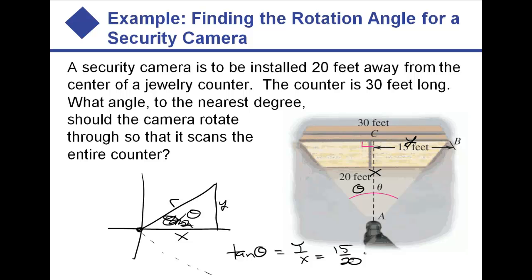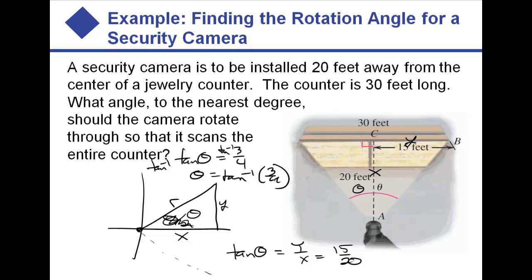So if we want to solve for theta, we now have tangent of some angle equals, what is that, 3/4 if we reduce. Well, to solve for theta, we have to undo tangent. How do we undo tangent? Do tangent inverse of both sides, right? Theta equals tangent inverse 3/4.